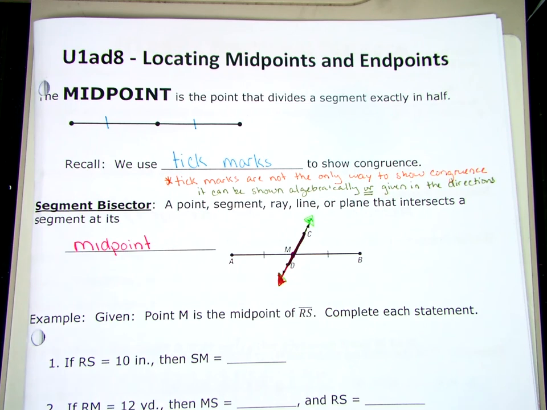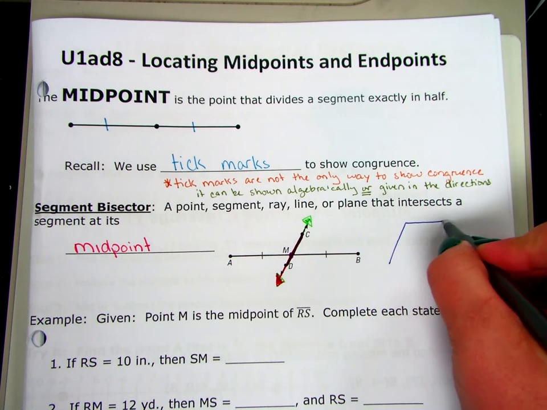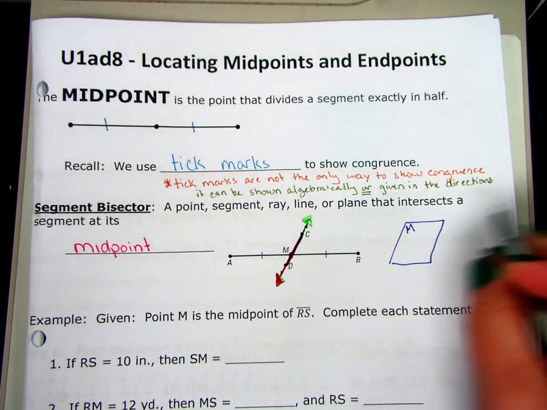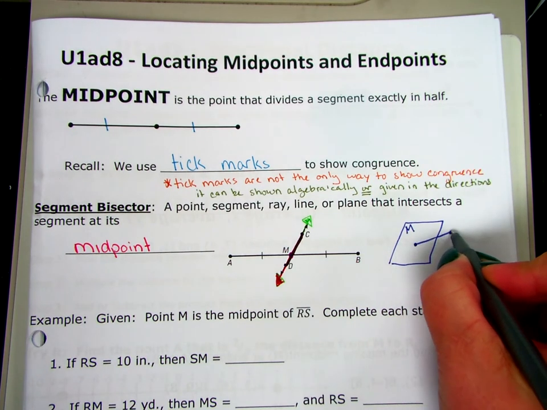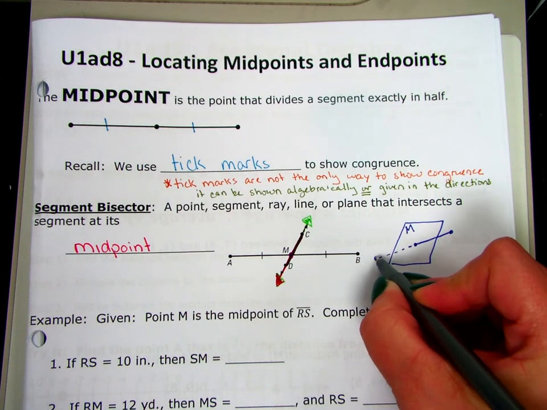A plane would be hard to add to this picture. If I wanted to show what that would look like, it'd be easier to draw a new plane. If I drew a new plane, put a little M in the corner, and then a segment, and then it would extend an equal distance on the other side.